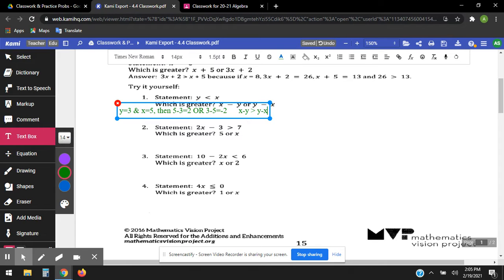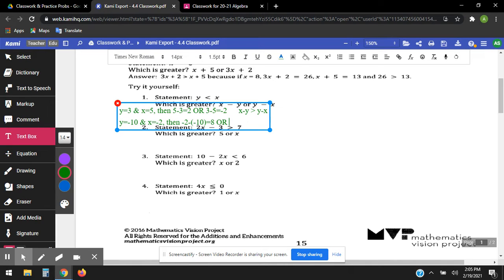Is that true all the time? Well, let's try y being negative 10, and x is negative 2. Let's try some negatives because sometimes that throws it off. If we do x minus y, negative 2 minus negative 10, that equals positive 8.